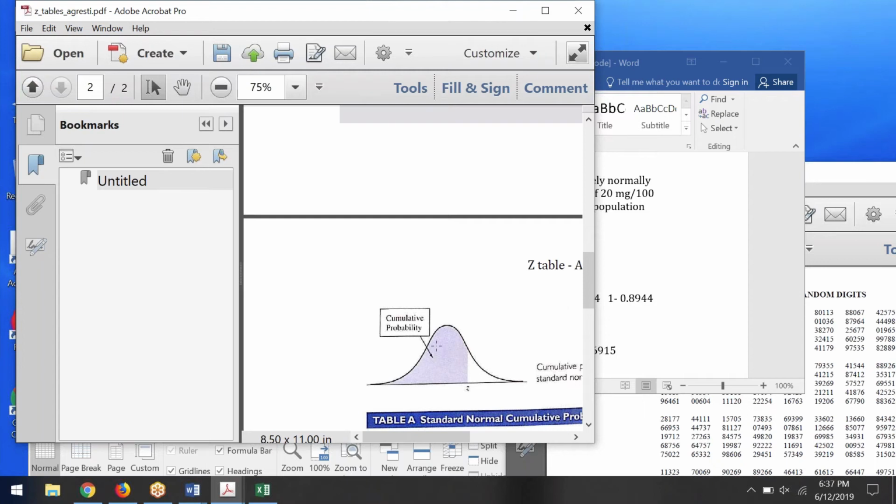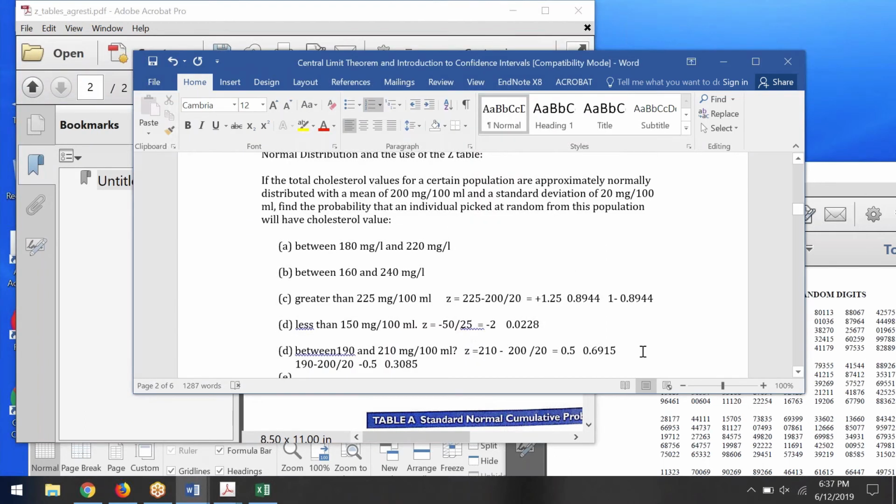Our z-score for minus 0.5 is here. If I take this 69% and subtract the area below negative 0.5, that leaves the area between those two, right? So all I have to do is subtract 0.3085 from 0.6915, and I will get the result for our calculation.